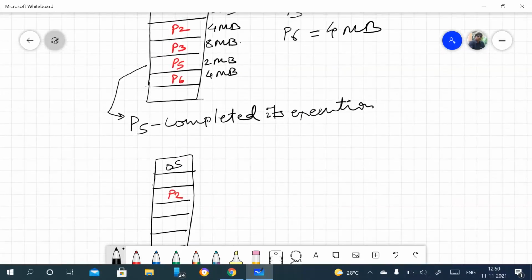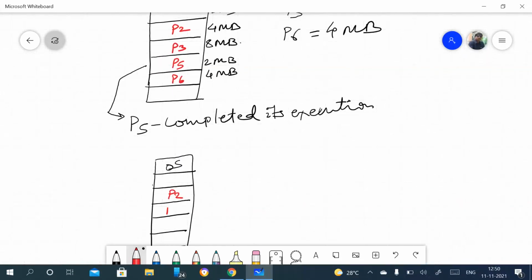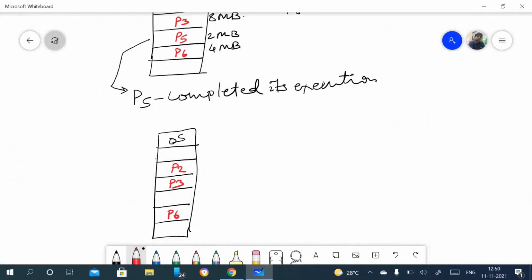P2, P3, P5 completed, and this is P6, right? So these processes need to complete their execution, and its size is 2 MB. This is 2 MB. This is 4, 8, and this is 4, right? All are in MB.